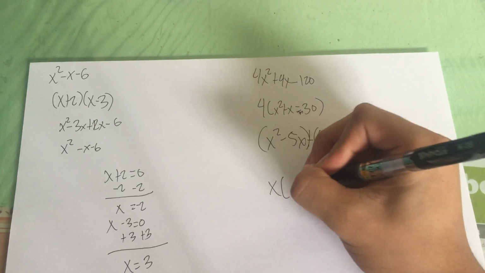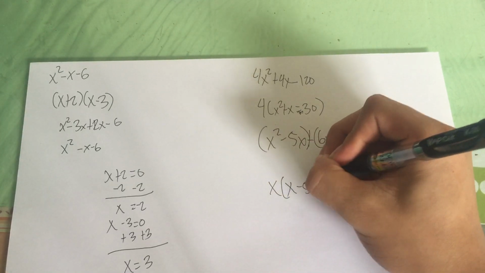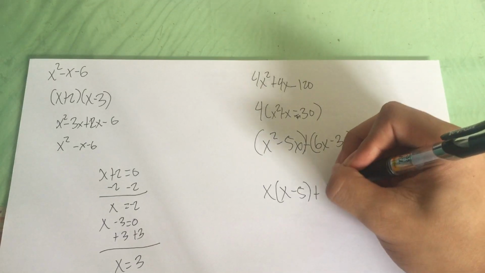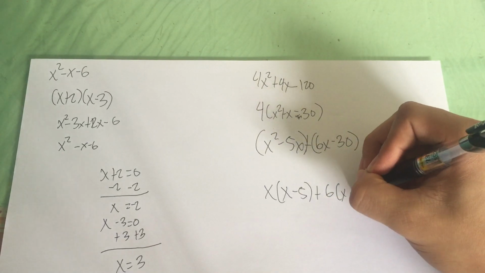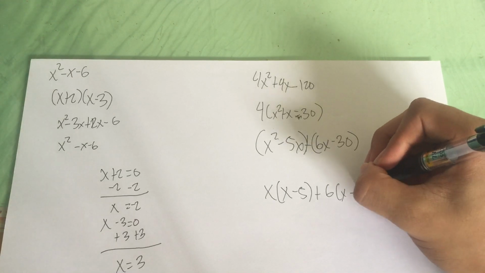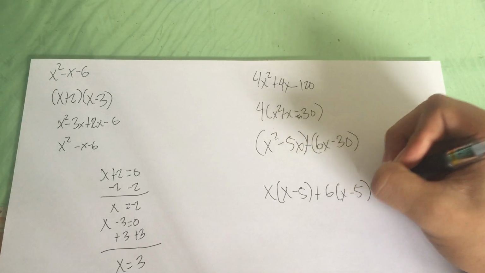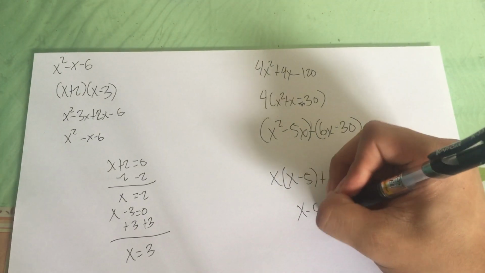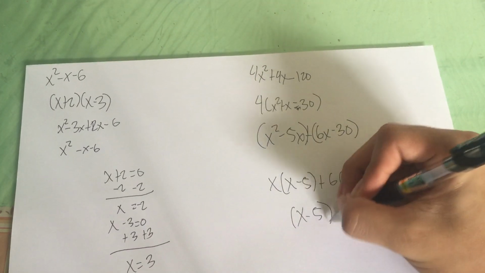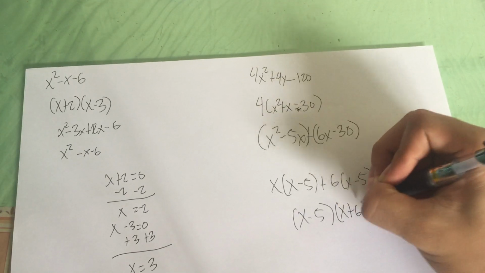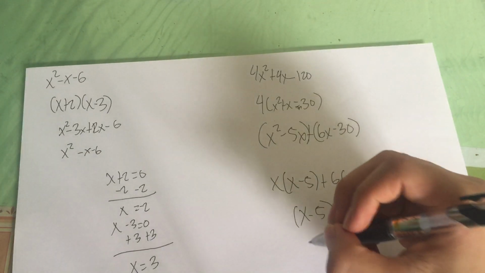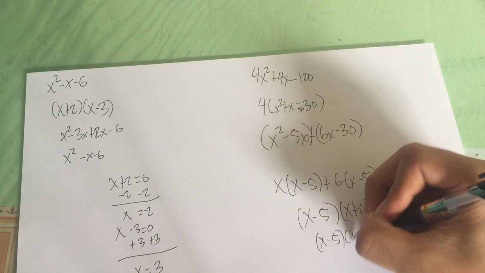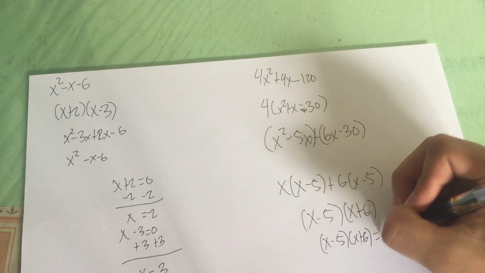So x will be here, x minus 5, and 6 will be put outside again. So your answer will be x minus 5, x plus 6, which will then be x minus 5, x plus 6 equals 0.